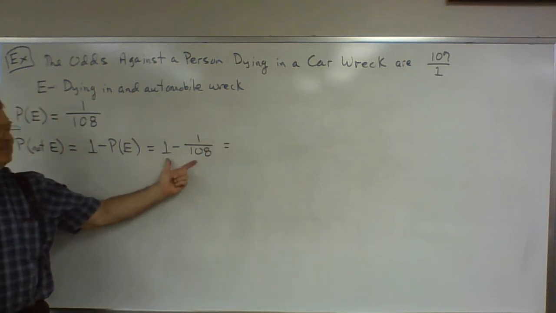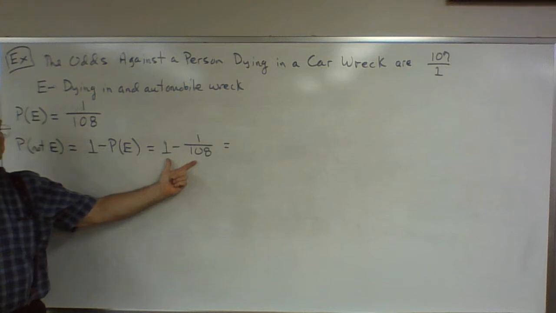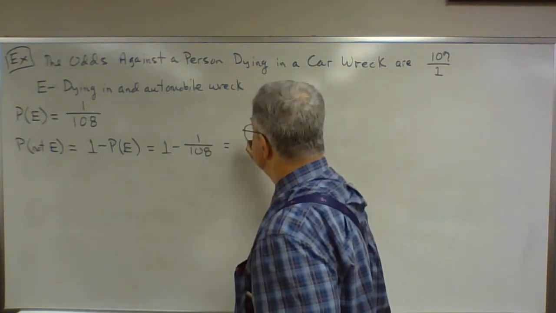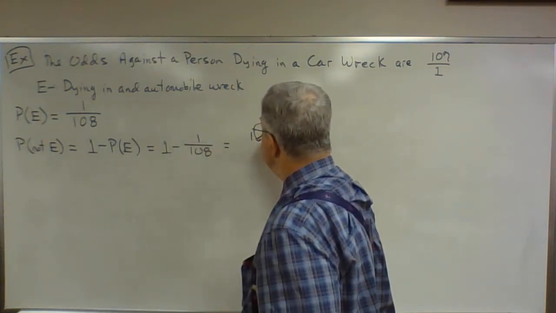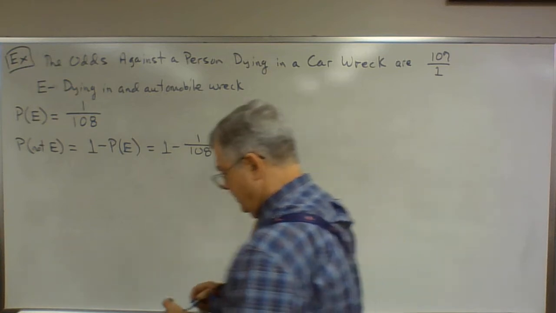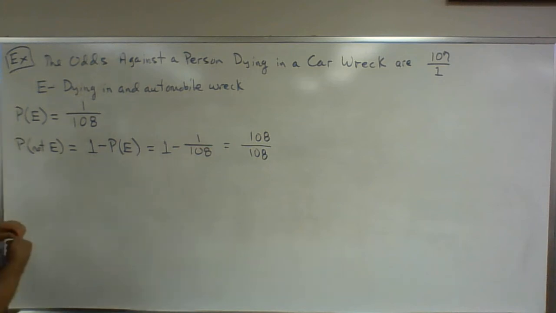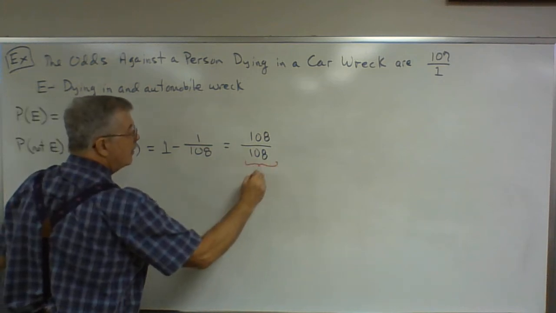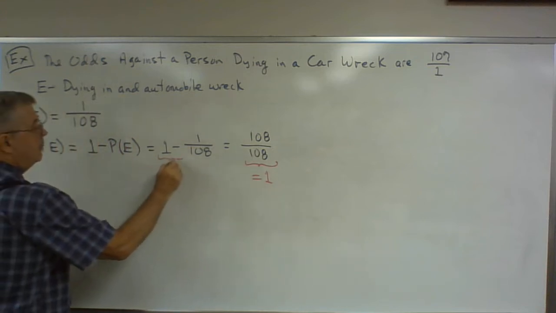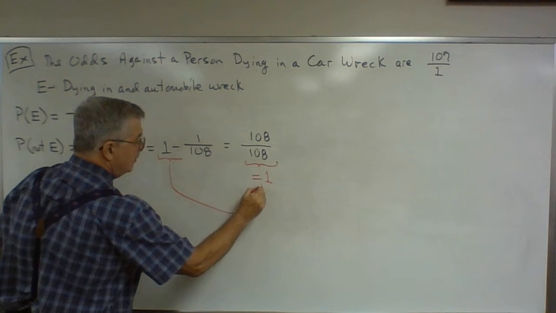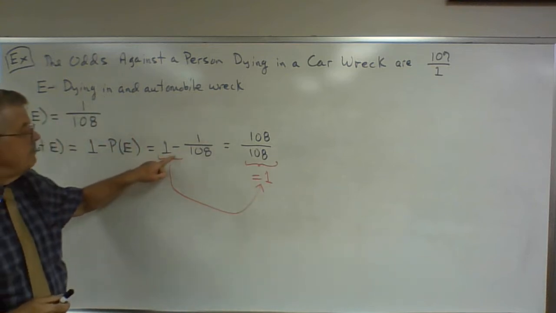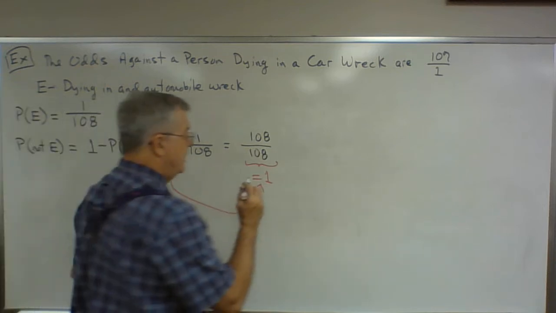And you know the drill. We have to get a common denominator. So 1 is the same as 108 over 108. So we have 108 over 108 minus 1 over 108.